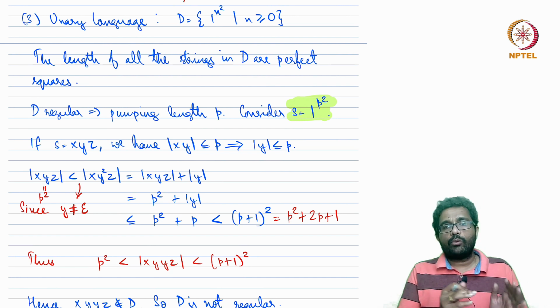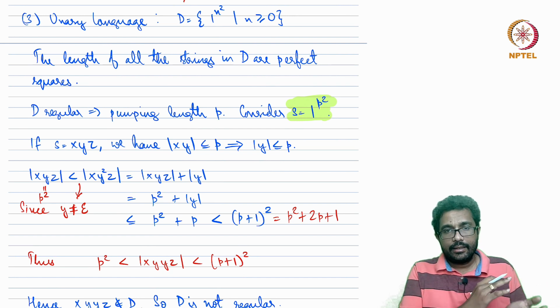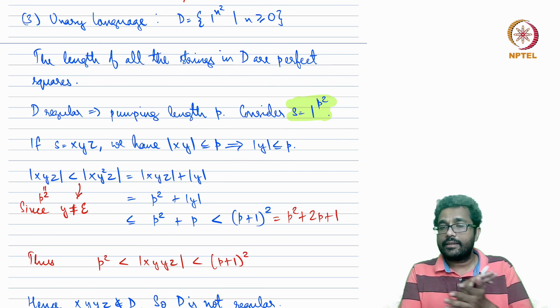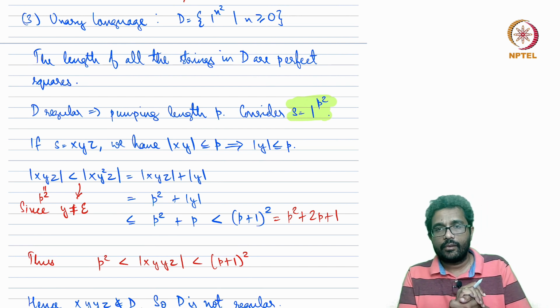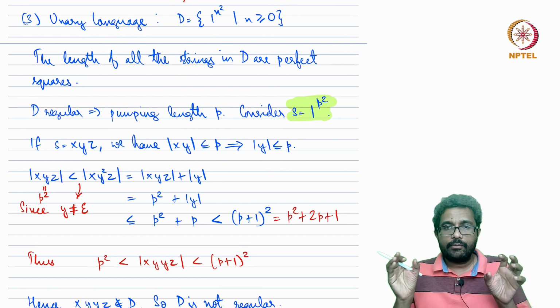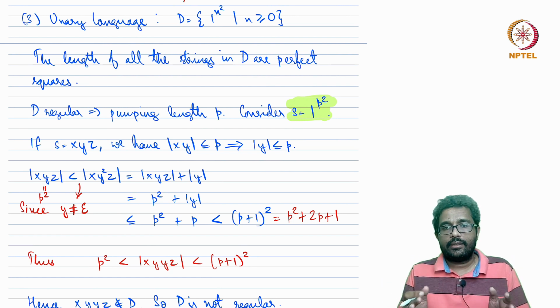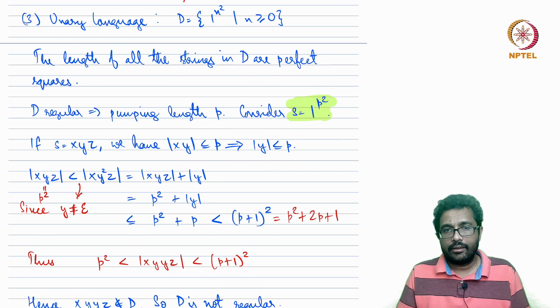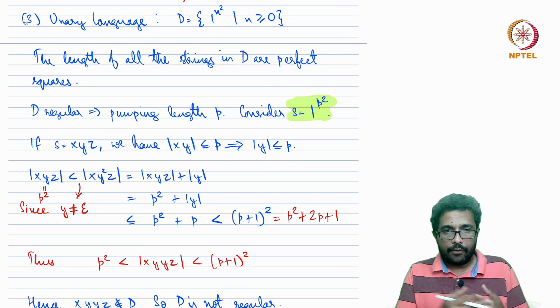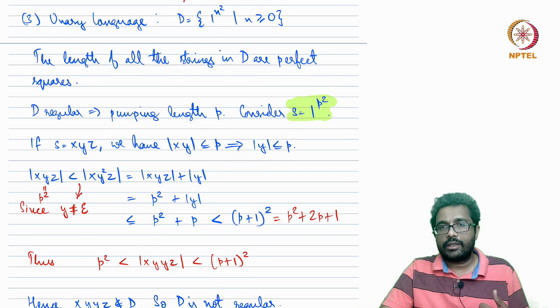So it lies between two perfect squares, p square and p plus 1 squared, and after p square the next square is p plus 1 squared.